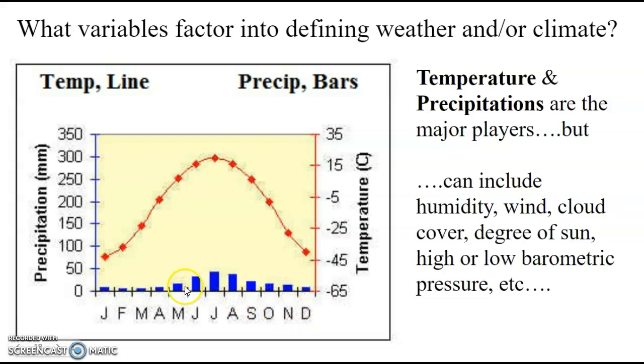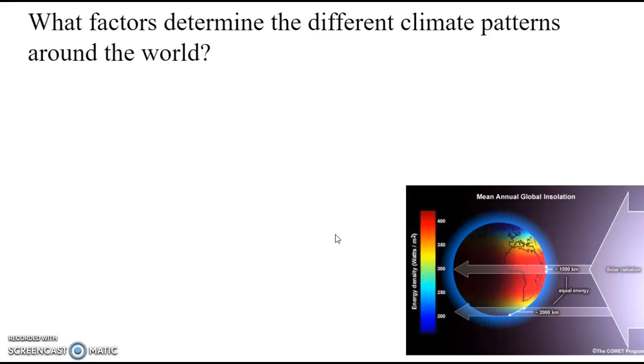In a climate graph, the columns of the data, the bars, are referring to precipitation, and the temperature is formed of a line graph. So you may have to interpret one of these at some point in time. You want to make sure you're looking at the right side. Precipitation on one side, temperature on the other, averaged over a month for an area.